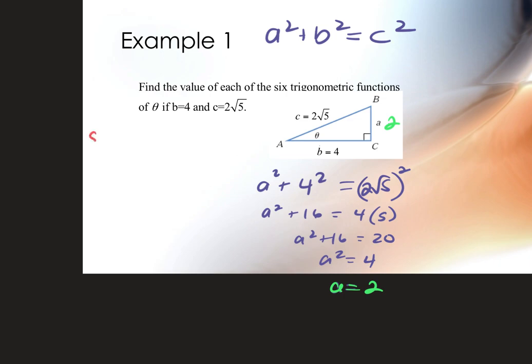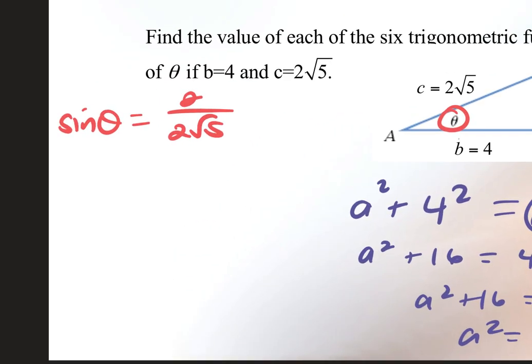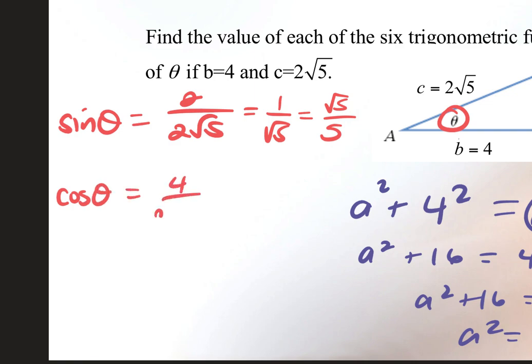So now my sine of theta, theta's in this corner, sine of theta would be 2 over 2 root 5. And that gets simplified to 1 over root 5, and that gets rationalized to root 5 over 5. The cosine of theta is 4 over 2 root 5, which becomes 2 over root 5, which becomes 2 root 5 over 5.